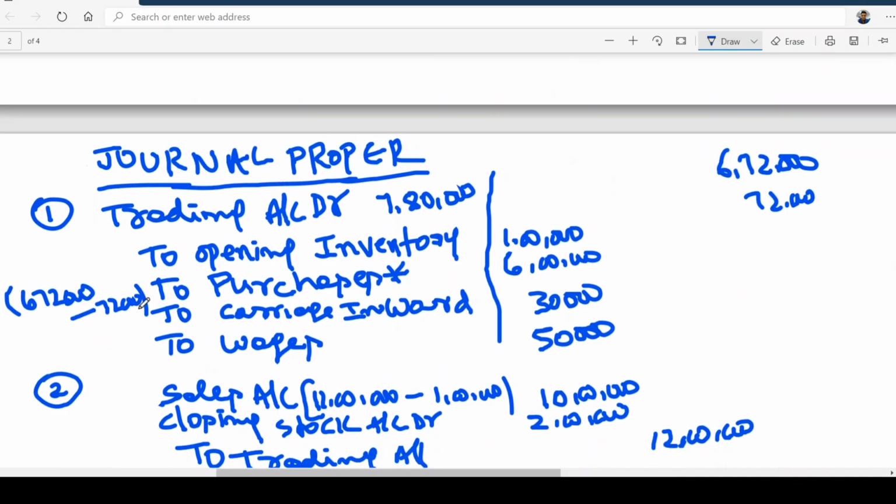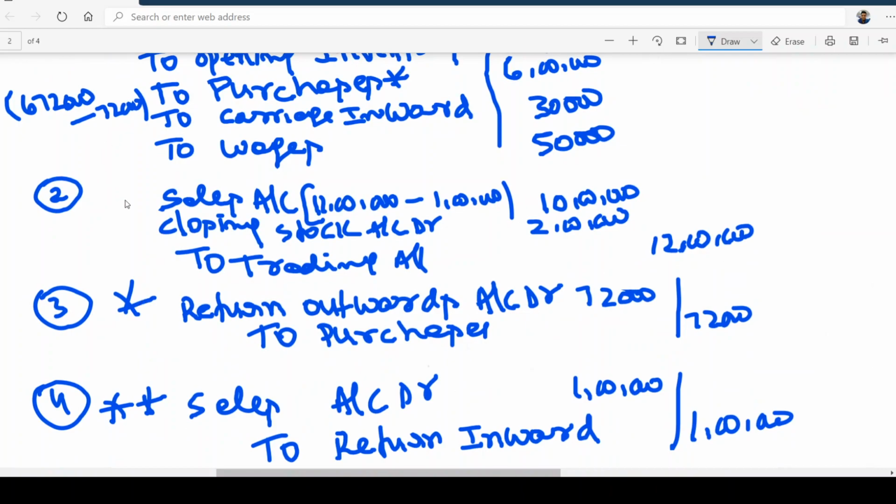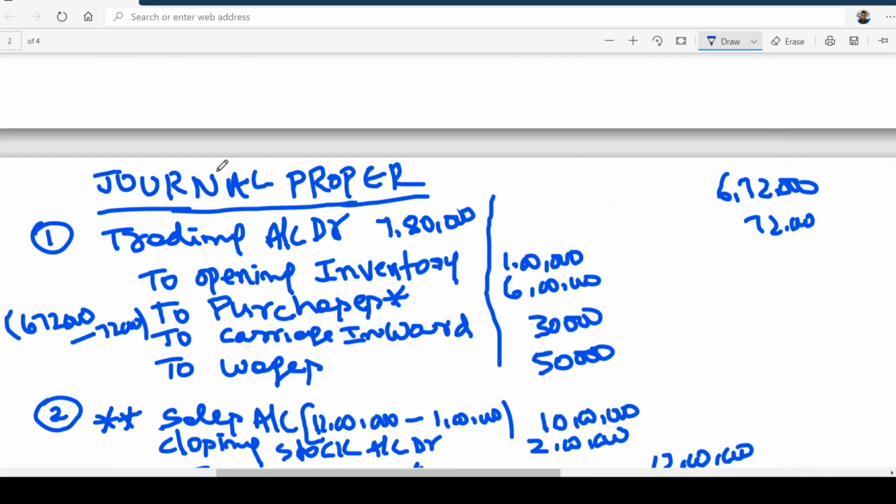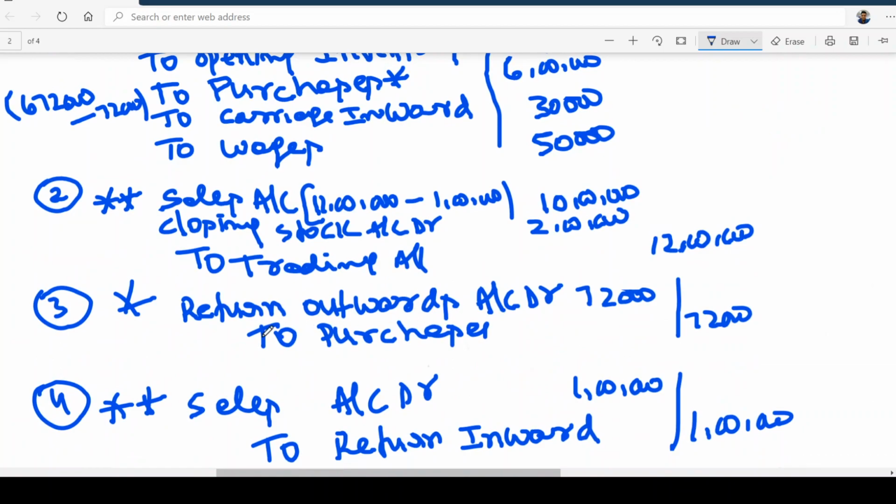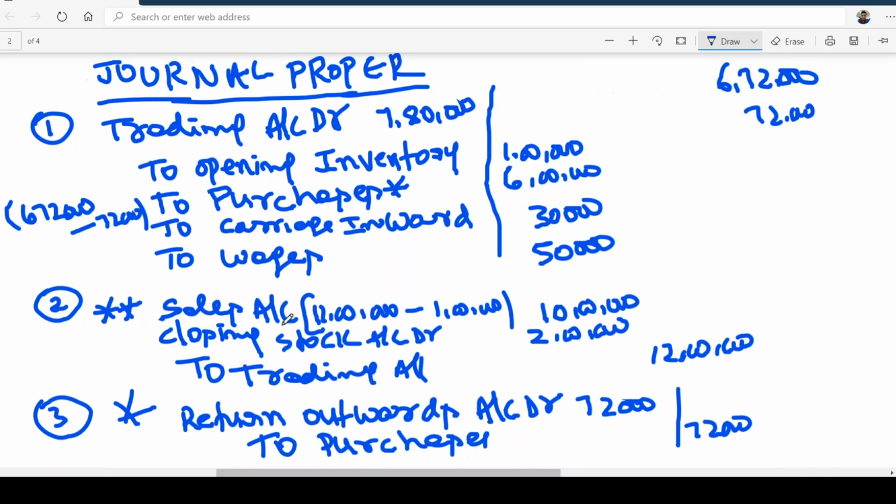That means the sales which you have got is after adjusting sales returns, and the purchases which you have is after adjusting purchase returns. So return outwards is deducted from purchases, and return inward is also deducted from sales. Are you following, all of you?